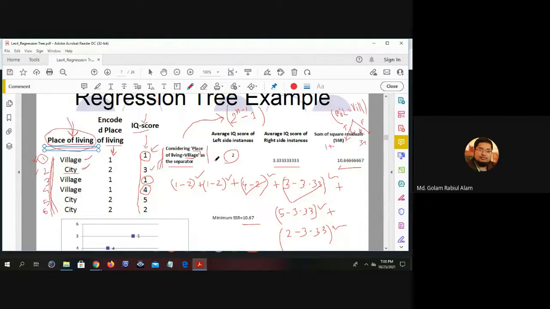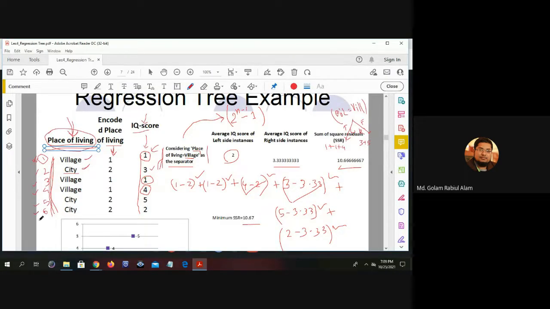The next one is village again, so the IQ score is 1. The fourth one is village, IQ score is 4. The fifth one is city, IQ score is 5.